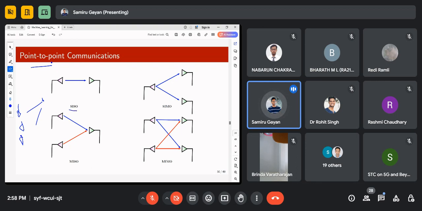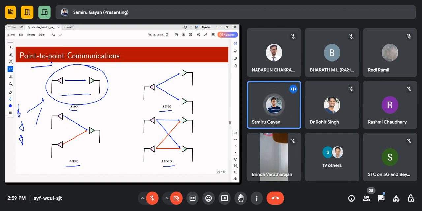These are the sizes of the model: single input, single output, single input, multiple output, multiple input, single output, multiple input, multiple output. The simplest model on which we can apply machine learning and see how it works is the single input, single output case. It's important because we can apply machine learning, and we have the analytical solutions to most of the SISO related cases. So therefore we can analyze the setup.